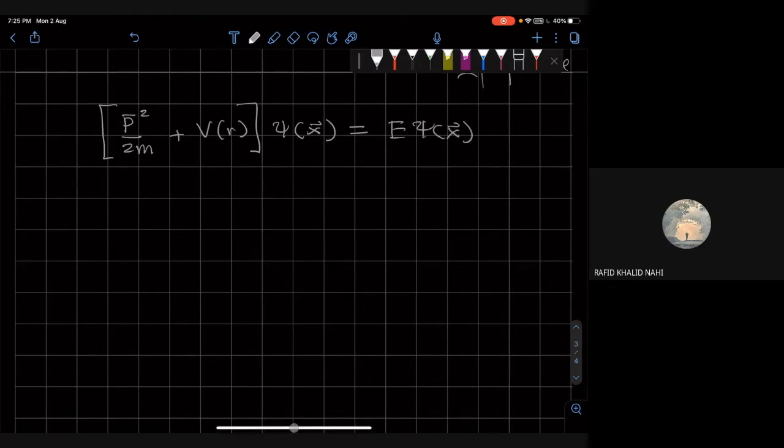So now what we want to do is express this in spherical polar coordinates. If you do this, then we find the expression for p.